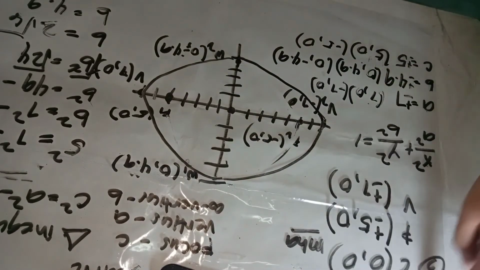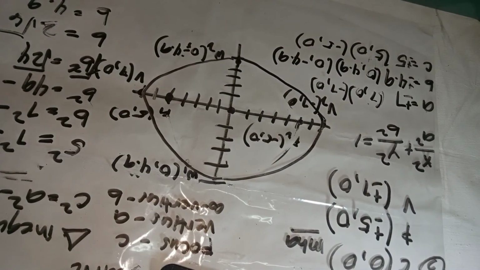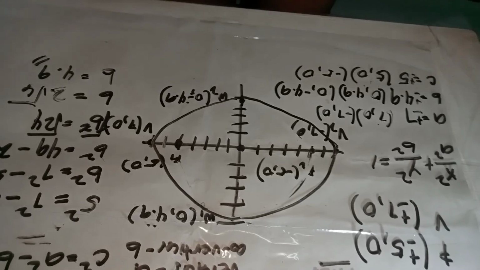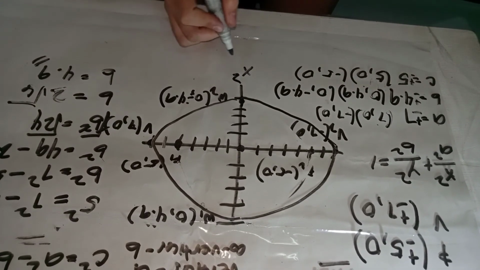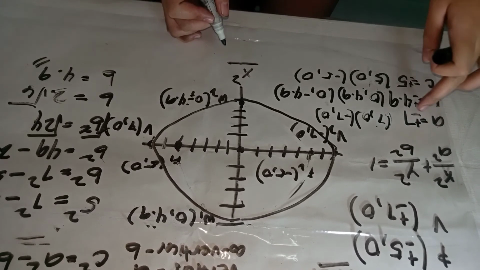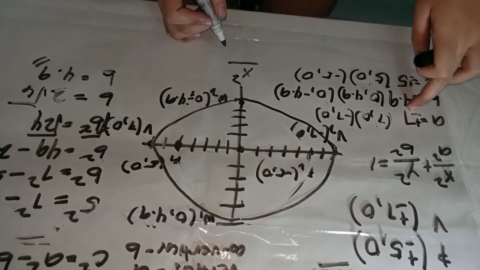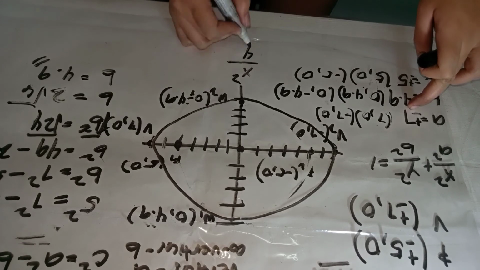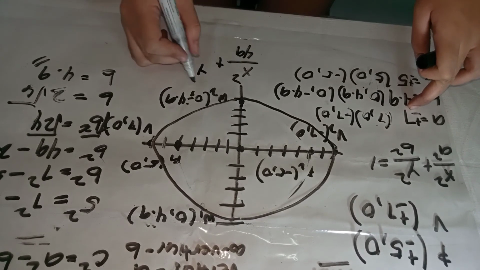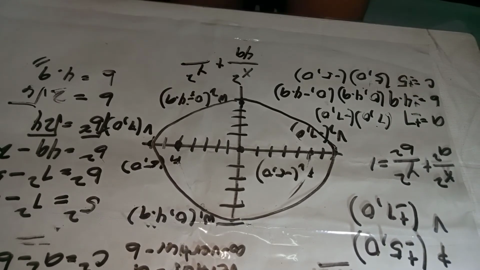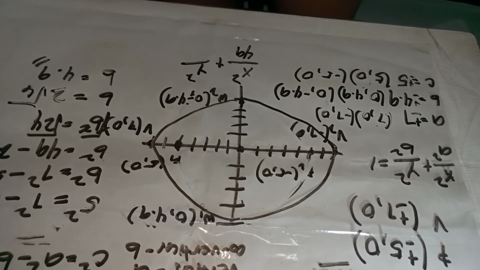Kung sa example, write the equation of this given. Kung paano siya ano sa equation, so ang gagawin mo lang is x squared. What is the square of 7? It is 49 plus y squared. What is the square of 4.9?